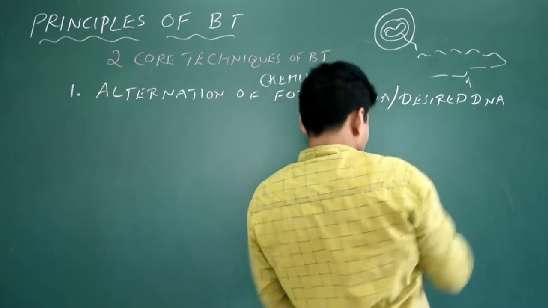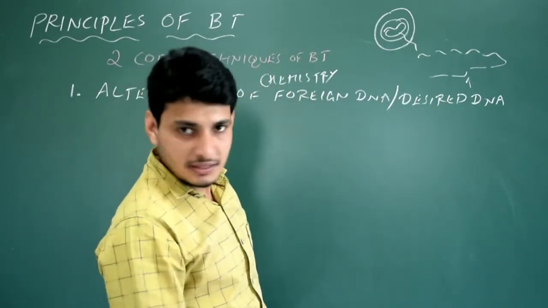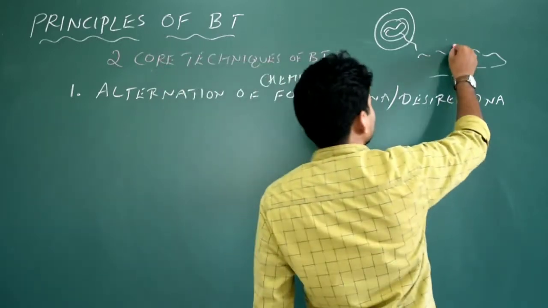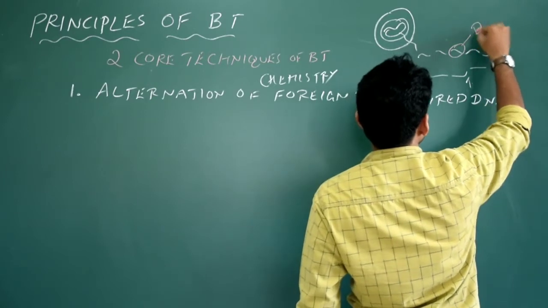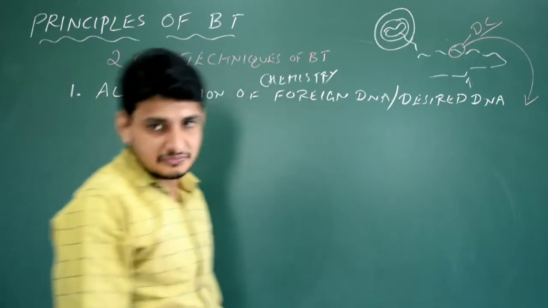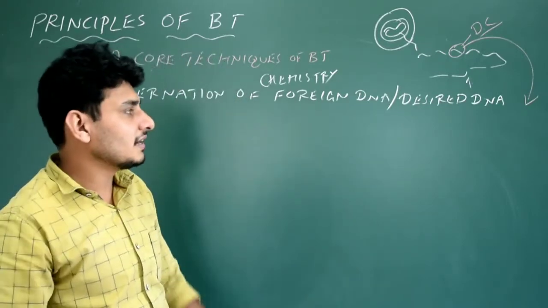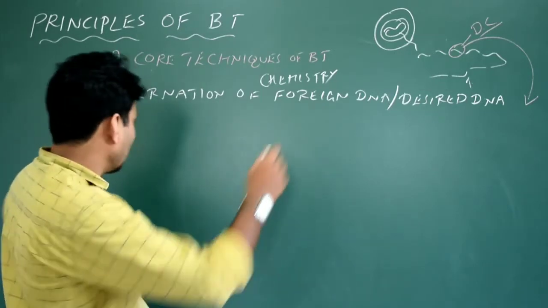And now I have to select which is my desired gene, or the gene of interest, or the foreign gene. So I am going to select this. This gene is responsible for that particular desired character. So I have selected this. So this is alteration. Got it? Alteration of the foreign DNA or desired DNA or gene of my interest. So this is one important thing.